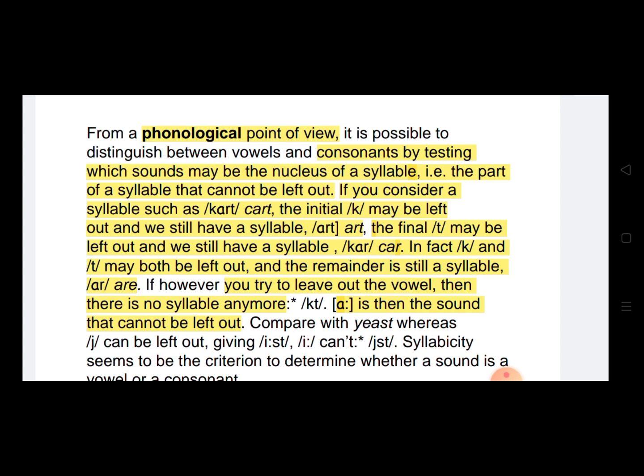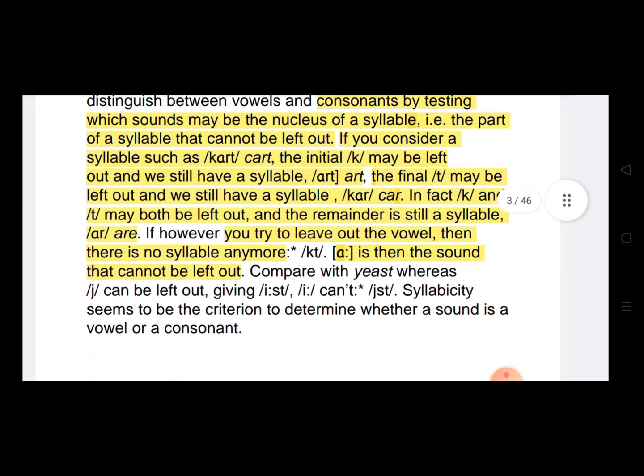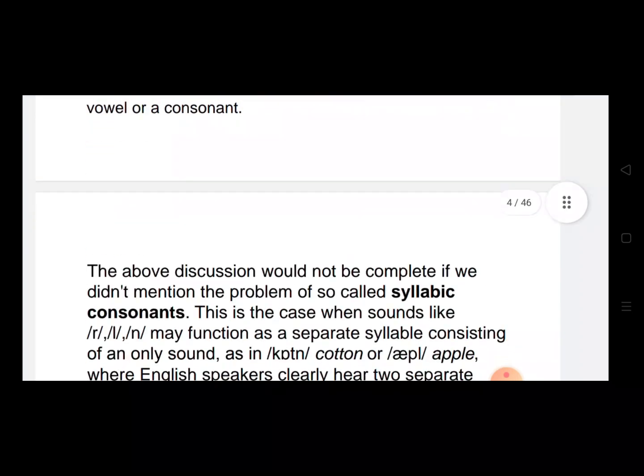We cannot leave this out, so it is the nucleus of the syllable. Consonants can be left out, whereas vowels, the nucleus of a syllable, cannot. If you leave out the vowel, there is no syllable anymore. That is another difference.